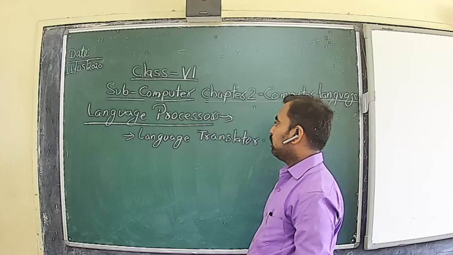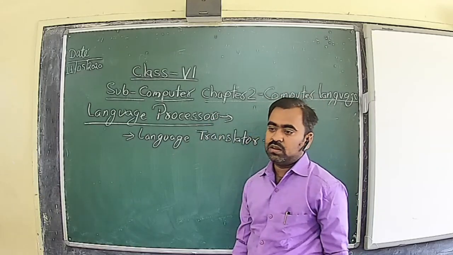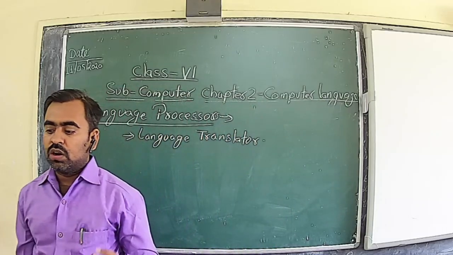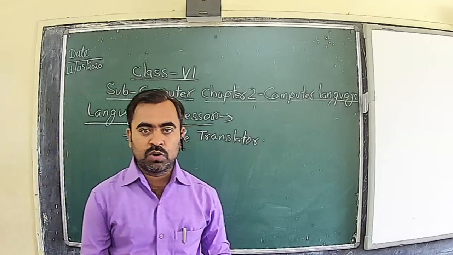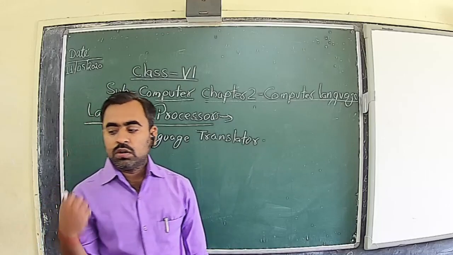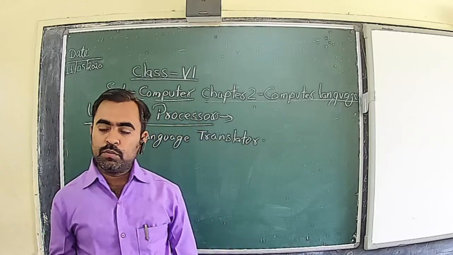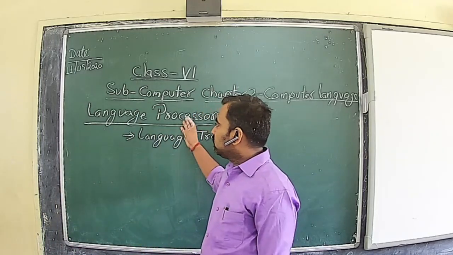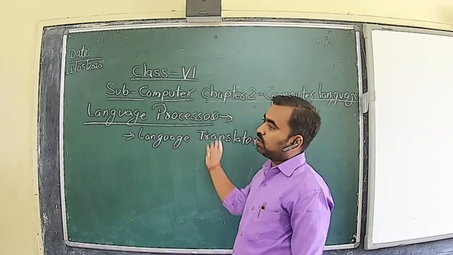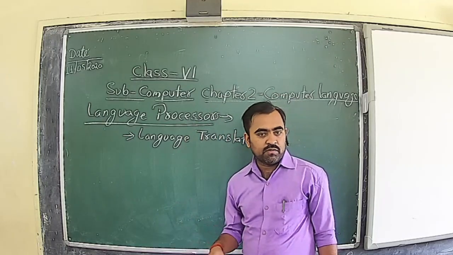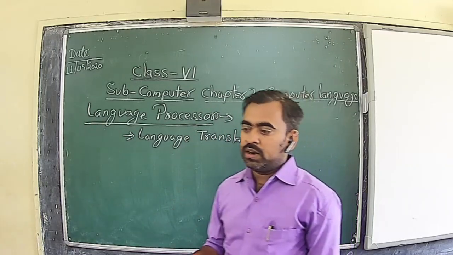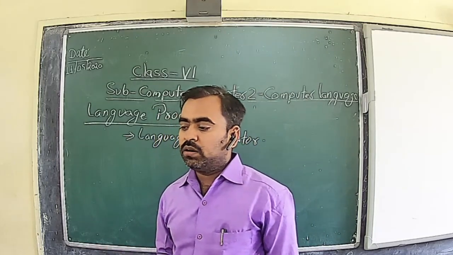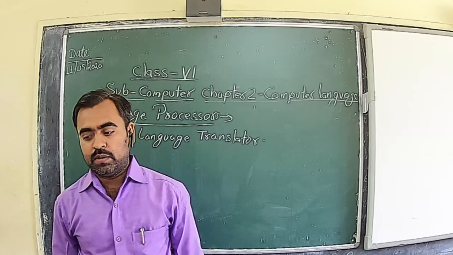The language processor or the translator's task is to convert the high level language program into the machine level language, because the computer cannot understand the high level languages. So it uses the language processor and converts it into the machine language, that is the computer understandable language, in the form of 0 and 1, and then the program is executed by the system.